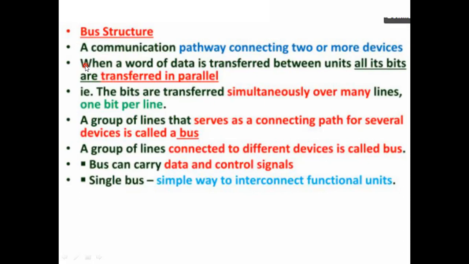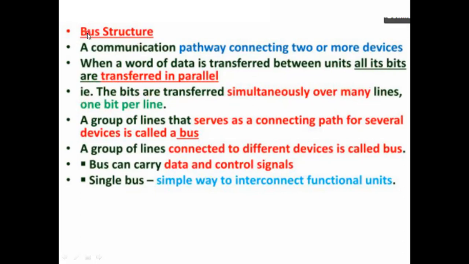When a word of data is transferred between units, all its bits are transferred in parallel. Parallel means simultaneously all the bits are transferred. The bits are transferred simultaneously over many lines, one bit per line.